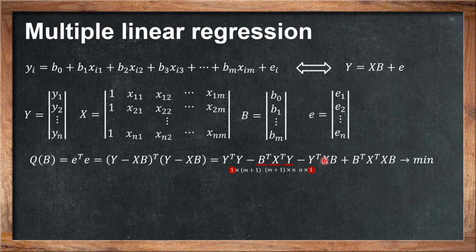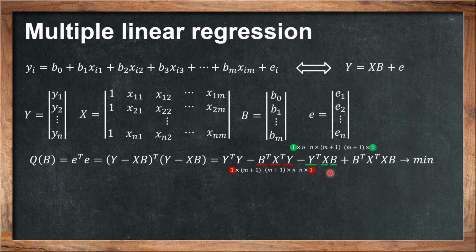The same goes for this term. You see, y transpose will be of size 1 by n, X will be of size n by m plus 1, and finally B will be of size m plus 1 by 1. And here we will also end up with just a scalar, one number.